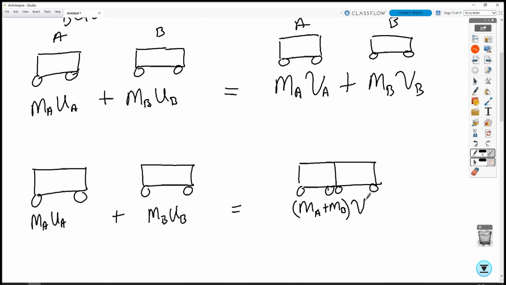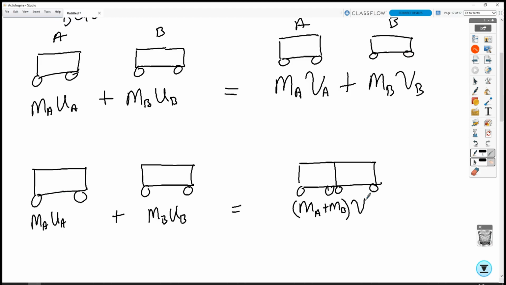In the situation where they don't coalesce, a few things can happen. And a few different starting scenarios can happen. So, in order for them to collide in the first place, where they don't coalesce, either B has to be stationary, or B has to be moving slower than A in the same direction.